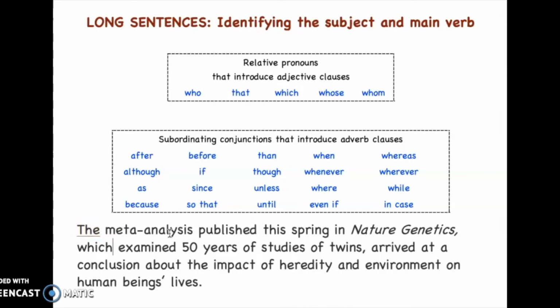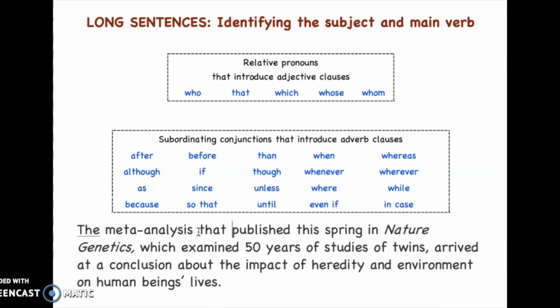Next, we have meta-analysis. Meta-analysis published. This looks like this could be the verb. But what is published talking about? The meta-analysis was published this spring in Nature Genetics is really what this is saying. Now here's what happened. The author didn't put in the words that was published because this part is understood.